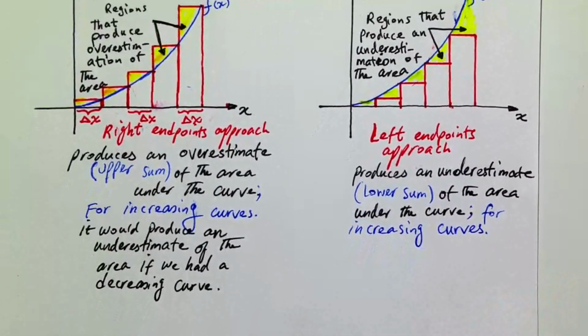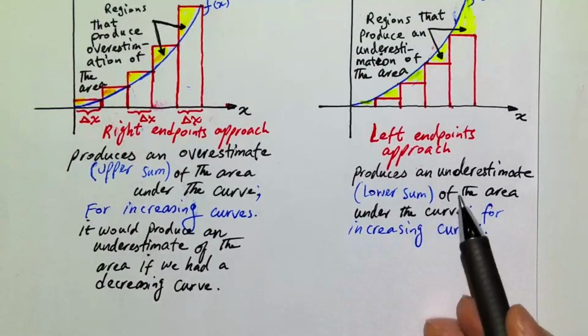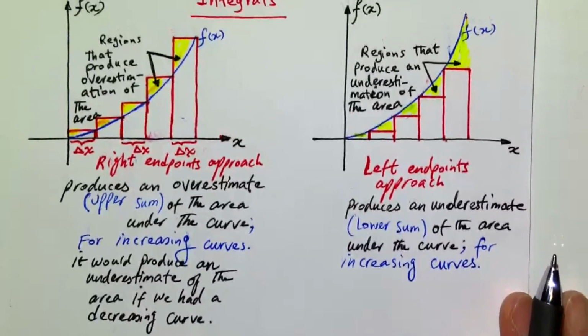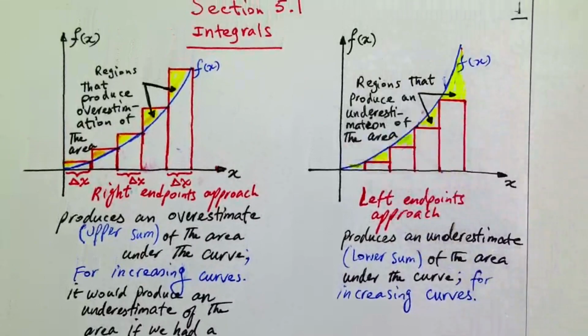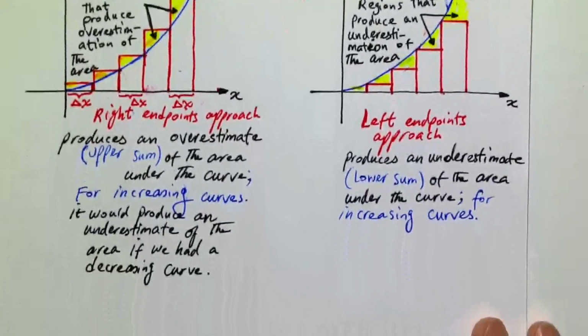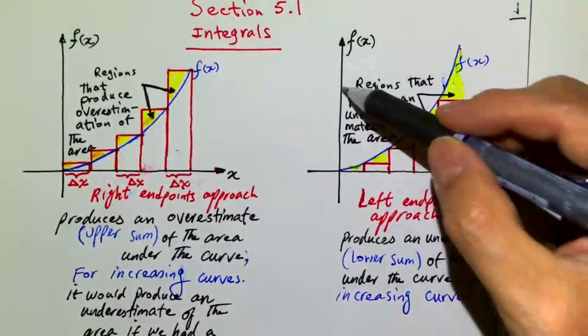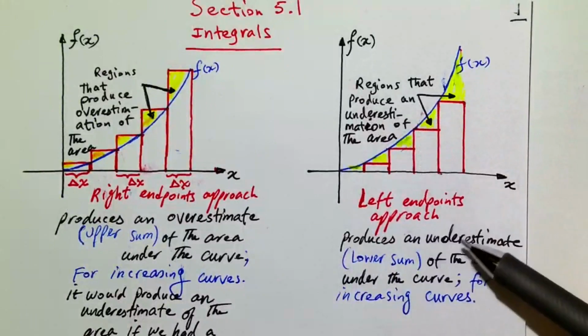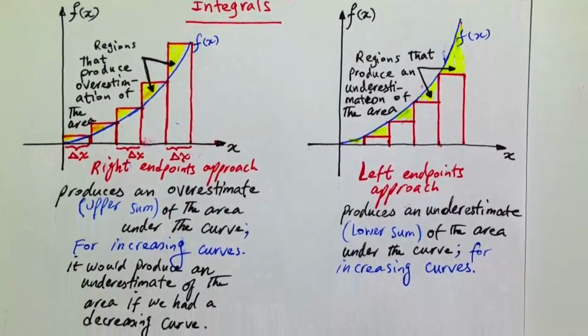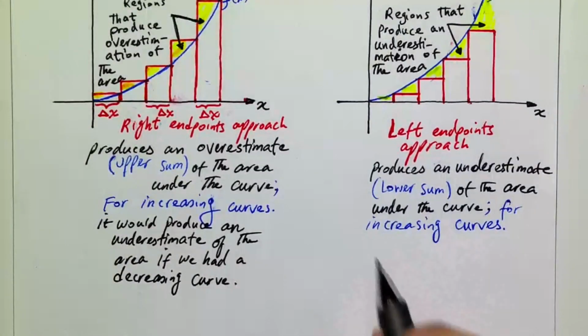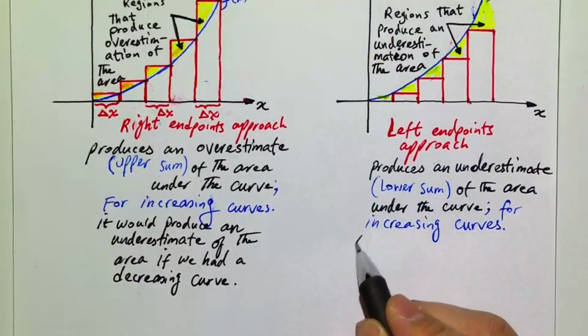And it would produce an overestimate if this was a decreasing curve, just like this one. So if the curve changed to decreasing, like going like that, then this method would produce an overestimate. So let's add that here.